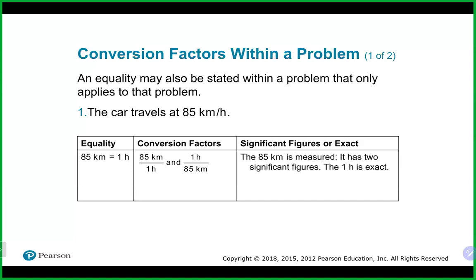Whenever you have something that says, for example, kilometers per hour, miles per hour, that's basically a fraction. And typically the number will stay with the first unit and the second unit is 1. So here, obviously, this can be turned into our two conversion factors. And in this particular situation, because this conversion factor is specific for the problem, clearly not every car travels at that rate. We would have to take into account the 85 in terms of significant figures.